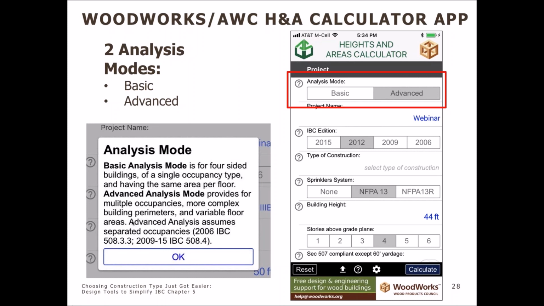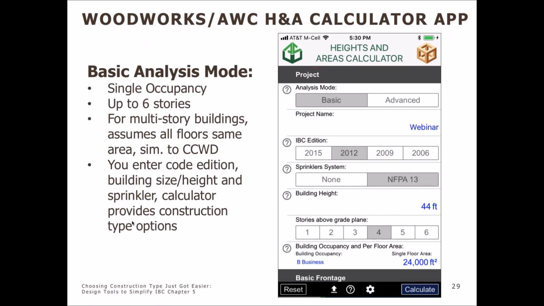As far as these two analysis modes, the first is the basic analysis mode, and this is modeled after the resource that Paul just mentioned, code conforming wood design. This is meant to apply to buildings that are single occupancy, but you can use multi-story buildings up to 6 stories.